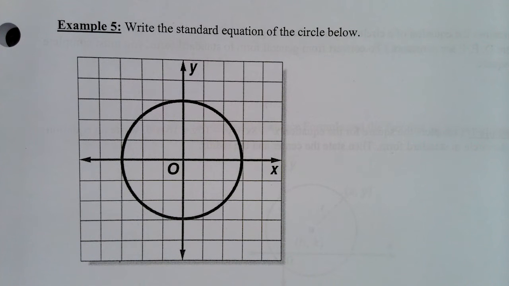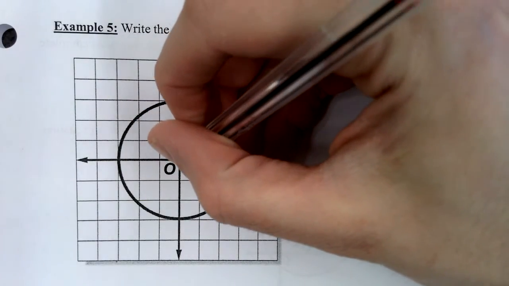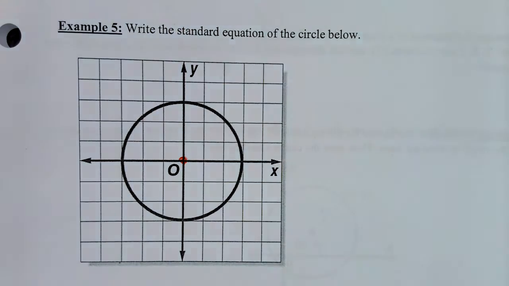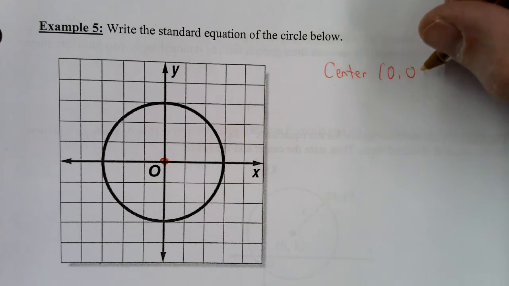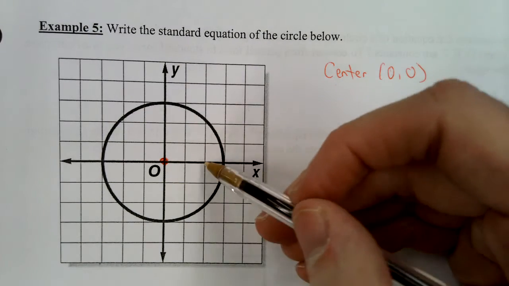Number 5, write the standard equation of the circle below. So this circle has a center at 0, 0, okay? Jot that down first. And the radius is 1, 2, 3.